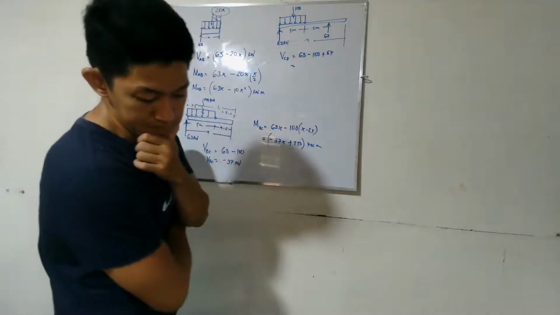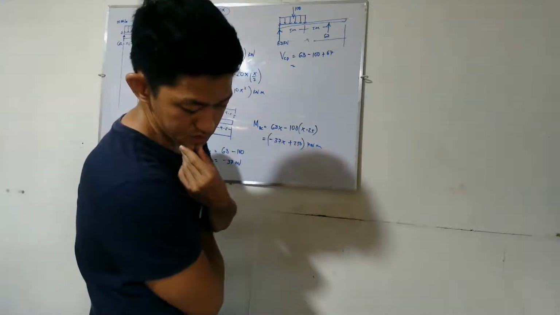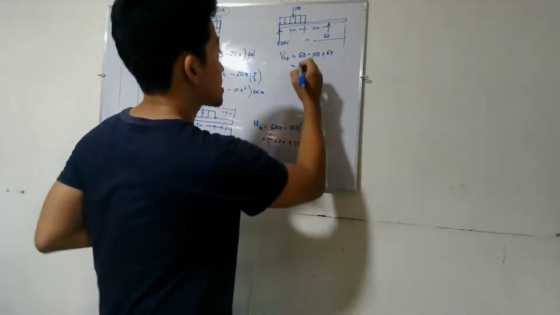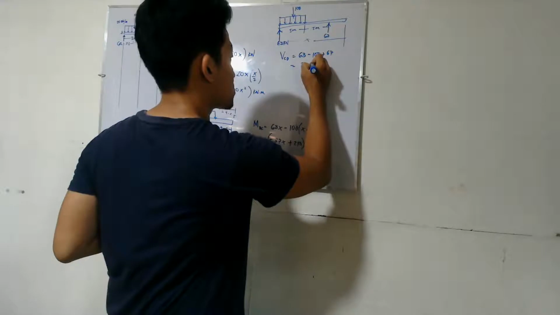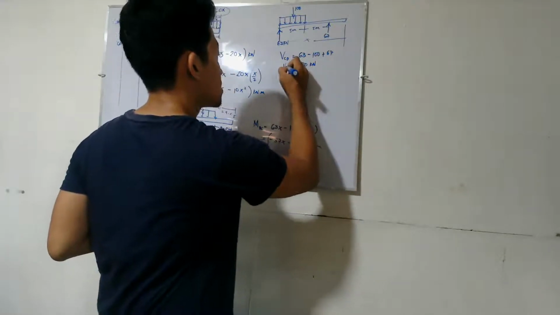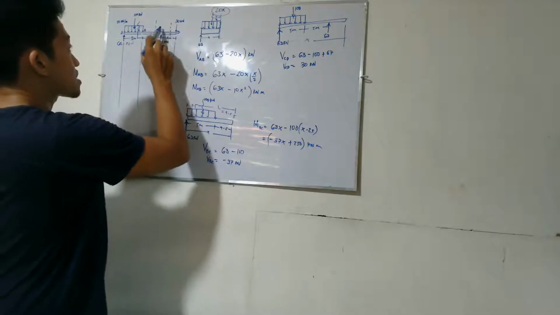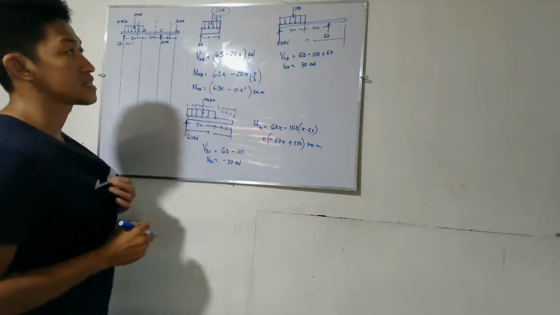So unsay answer ana? Answer ana would be 30 kilonewton. So pasabot ana constant na pod ang shearing force diri CD.